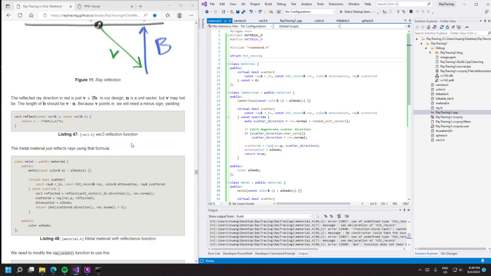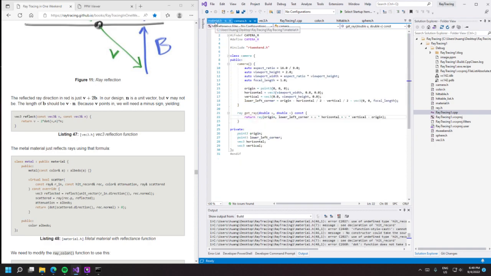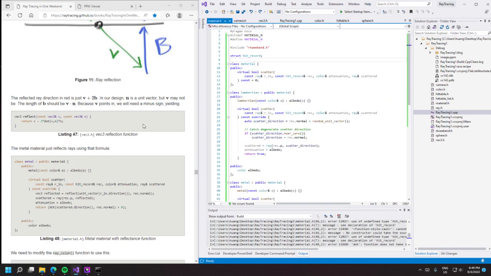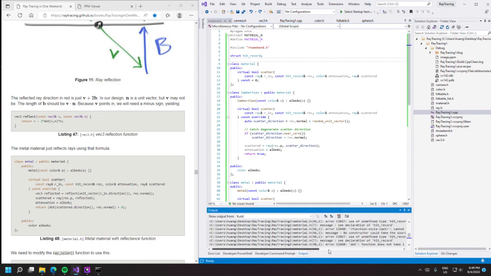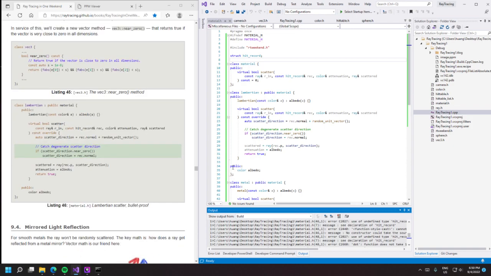I feel like I missed something very obvious here because how could I get the type, I cannot convert from Vec3 to ray? But anyway, the compiler should have caught this. This is normal.